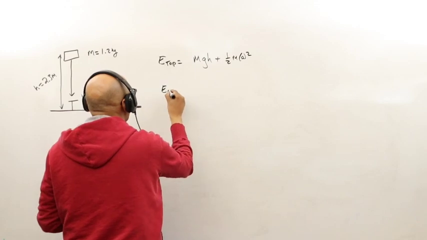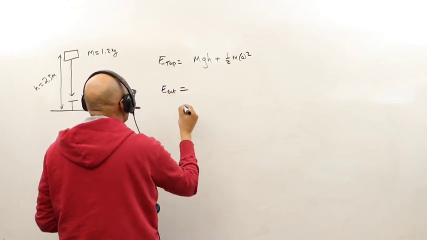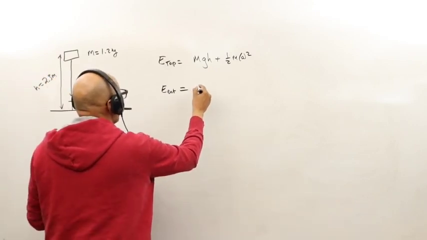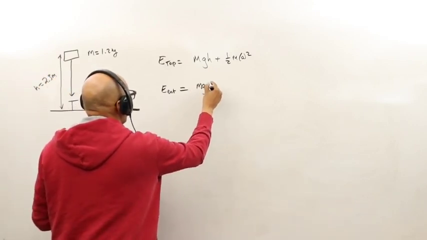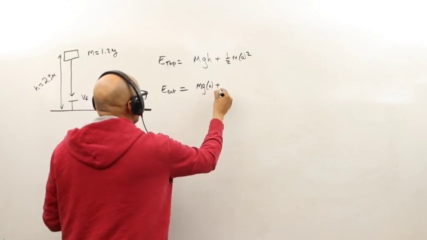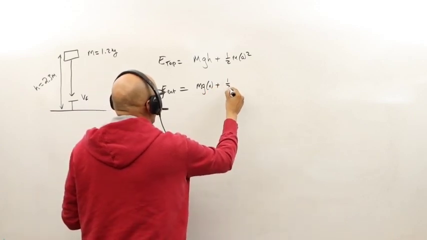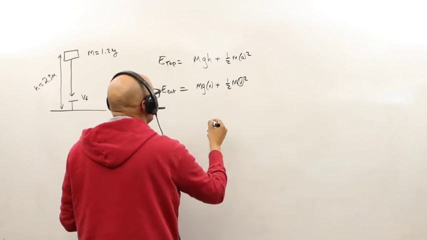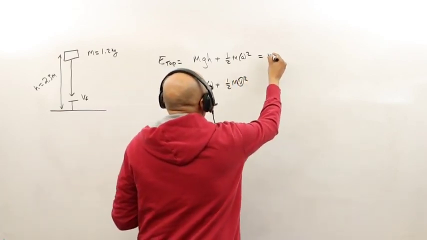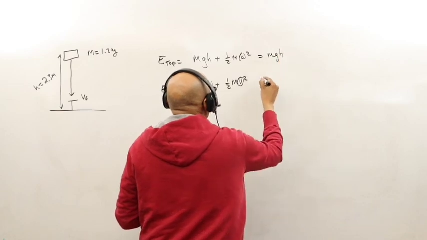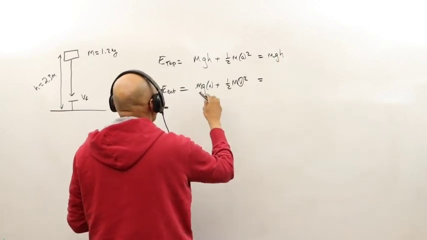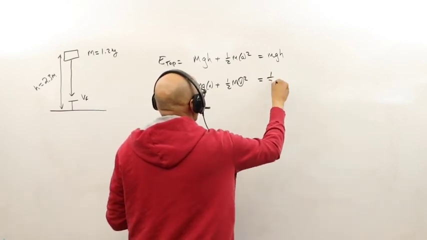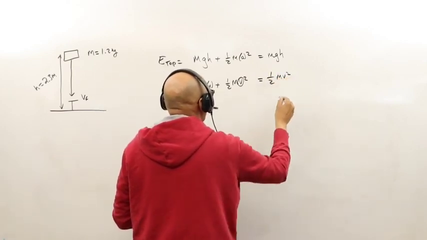And E bottom, let's call it BOT, is equal to, it's got no potential energy, so it's mg times 0, plus 1/2 mv squared. This is what we're trying to find. Conservation of energy says that the energy on top is equal to the bottom energy.